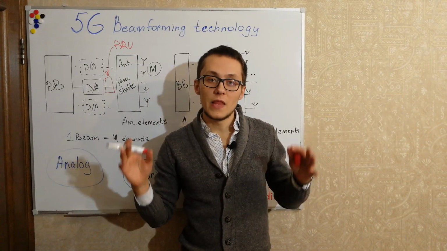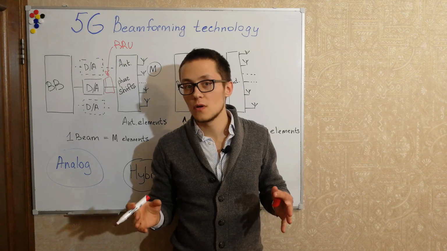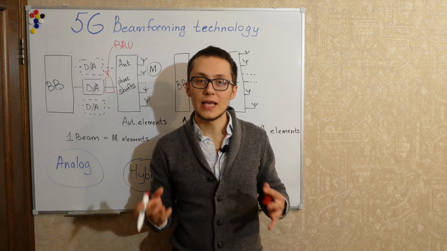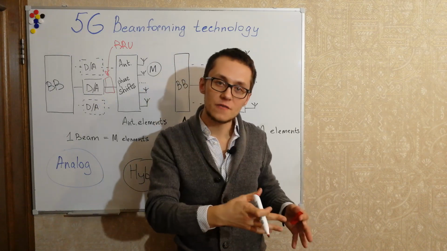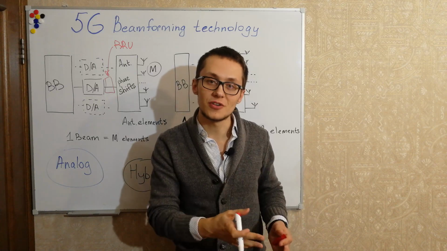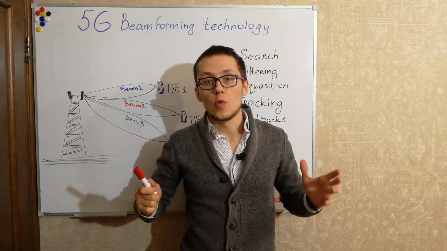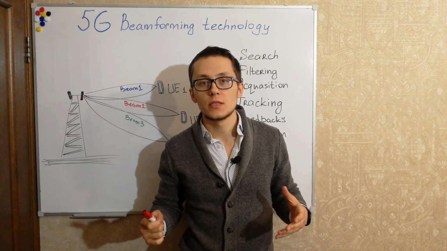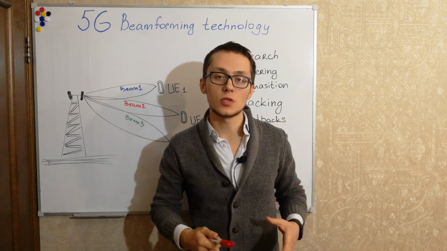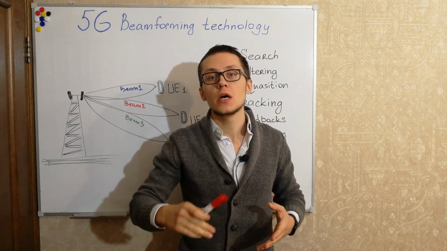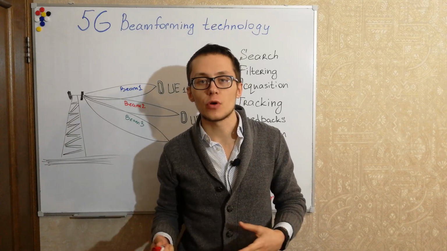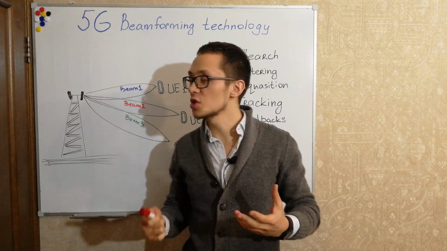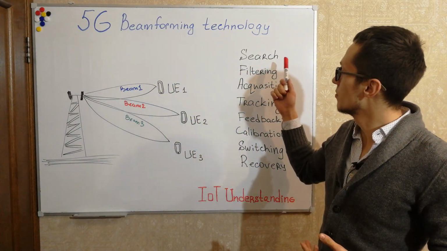And now we have found out how beamforming technology works. But let's find out how it works in 5G during the different procedures. So in 5G NR, in order to perform such procedures as initial access or beam management, the user equipment and the network have to be able to do such procedures as beam searching.